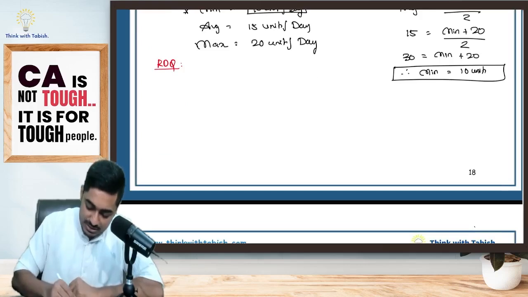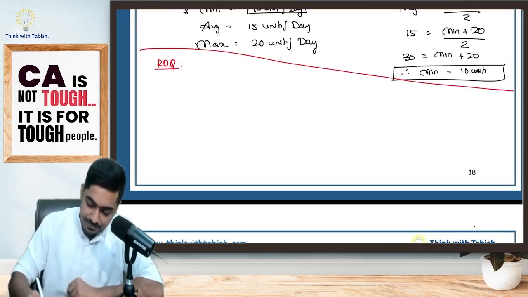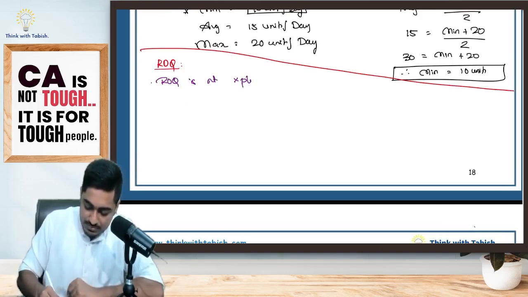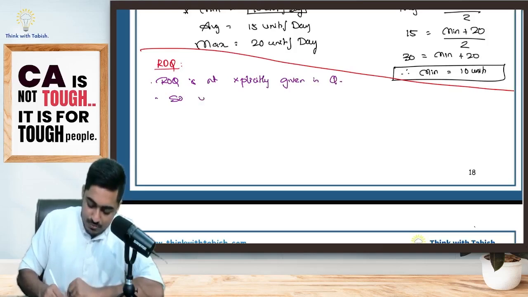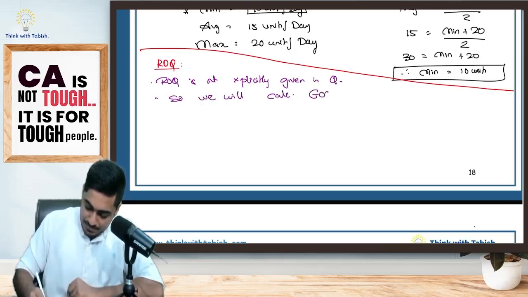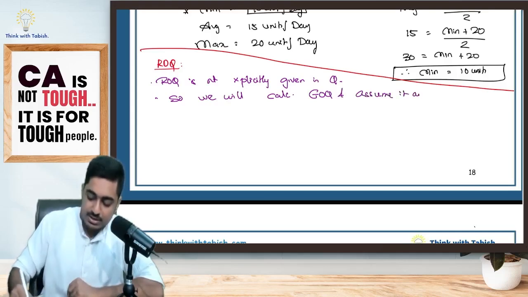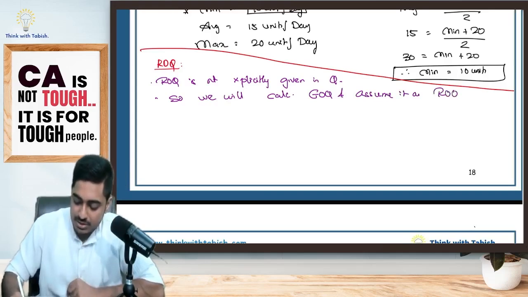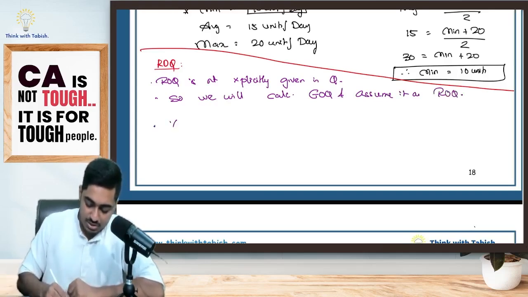Now, coming to my reorder quantity. Reorder quantity is not explicitly given in the question. So, we will calculate EOQ and assume it itself as reorder quantity. To calculate that, what all is needed?